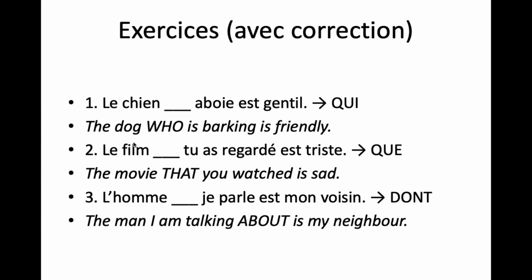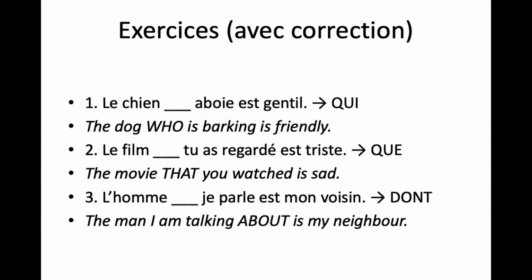And the third example, l'homme dont je parle est mon voisin. In this case, we'll do the same thing. After the verb, can we put de plus something? Can we put a preposition like an indirect complement after the verb, because we wanted to make a link between this complement and this subject and verb? So can we say je parle de cet homme?